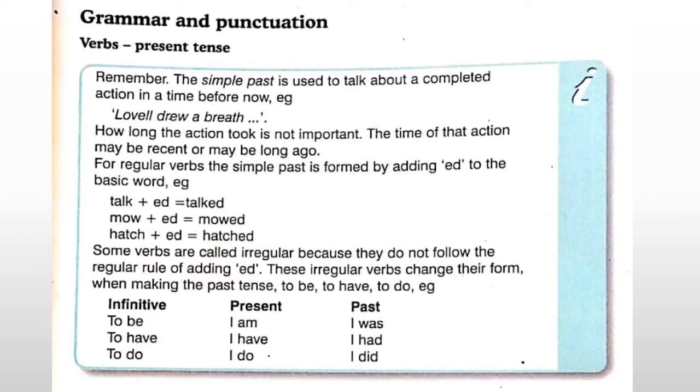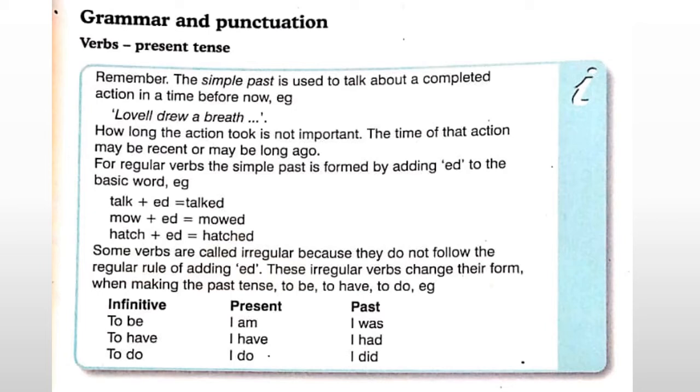Now we are coming to grammar and punctuation. Verbs, present tense, but actually we are talking about past tense as well. Remember, the simple past is used to talk about a completed action in a time before now. You know what past tense is, right?